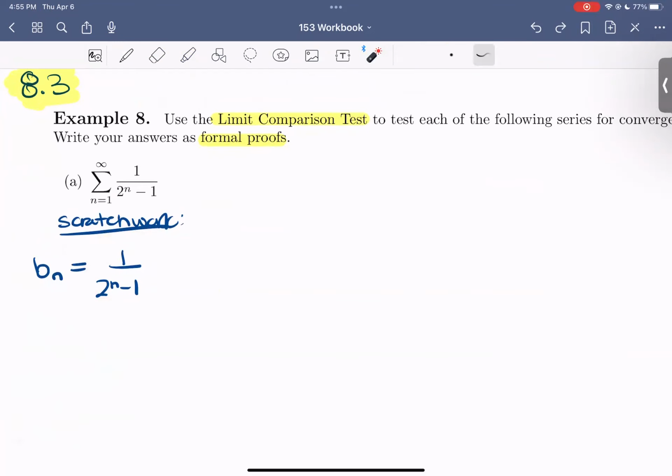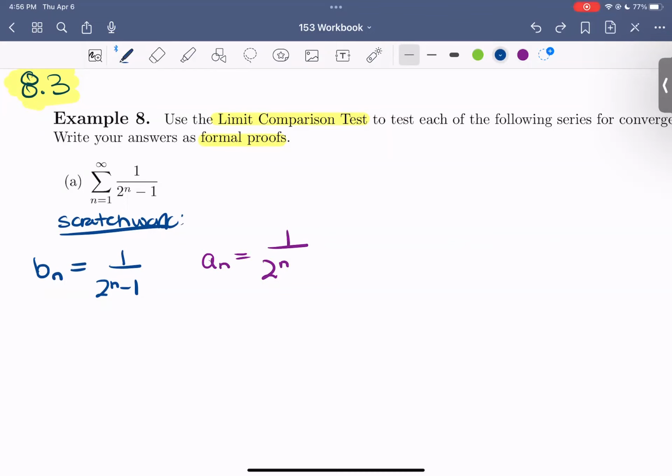If we squint our eyes, step back, and look at the dominant terms here, we have 1 over something. What does that something become? Well, 2^n kind of dominates. So let's see if the sequence a_n equals 1 over 2^n can help us compare with our series to determine its convergence.